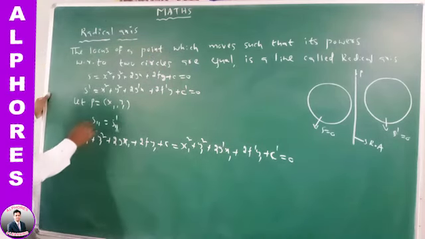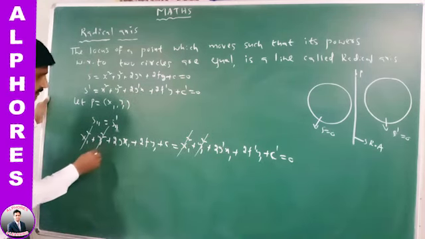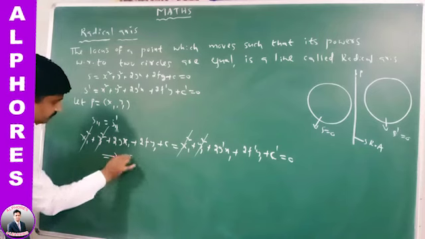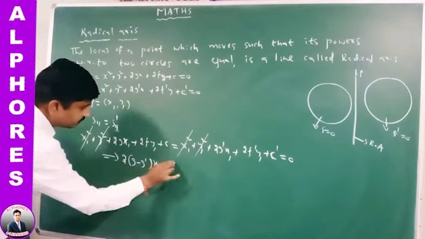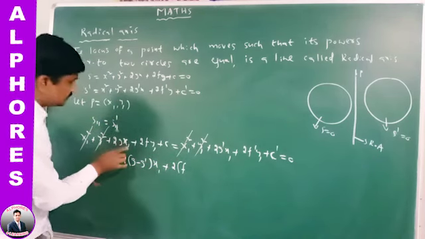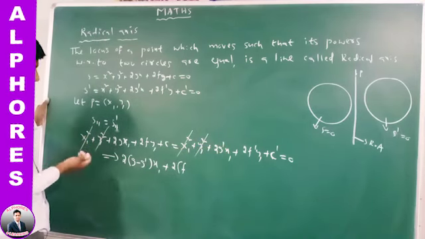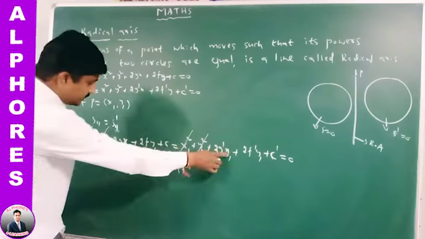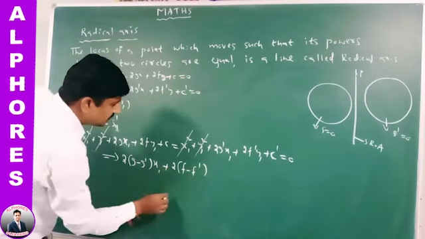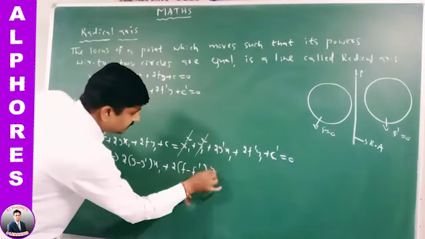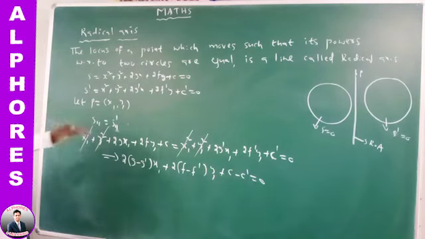Now the squares cancel, and taking terms to the left side, it is 2 of g minus g dash into x1. Taking 2x1 common, the remaining is g minus g dash. Similarly the y term is 2 of f minus f dash into y1, plus c minus c dash equal to 0.